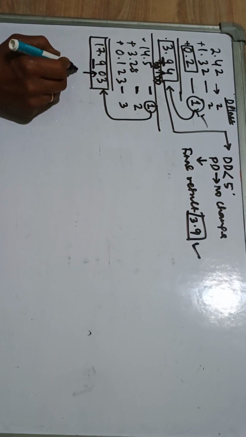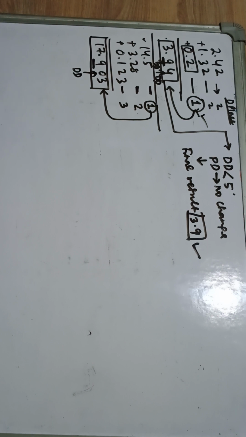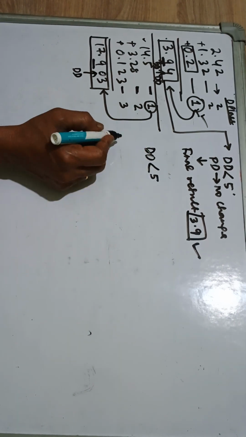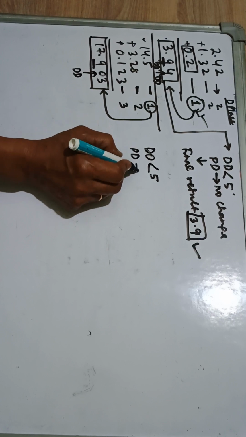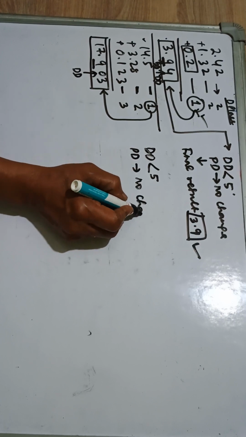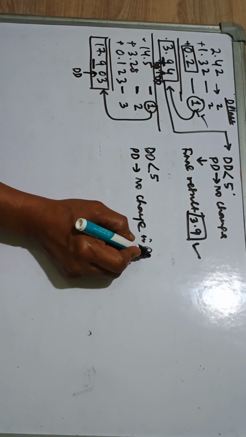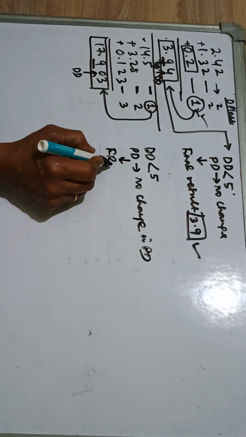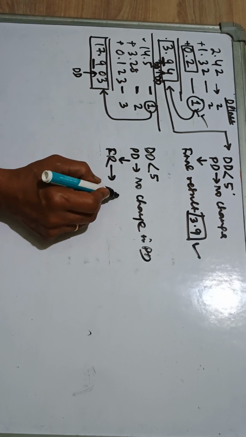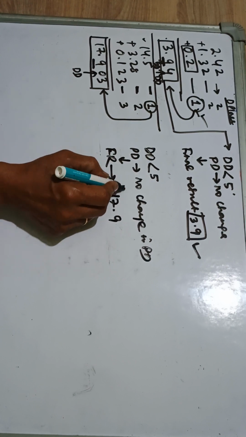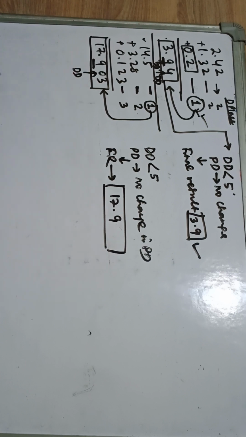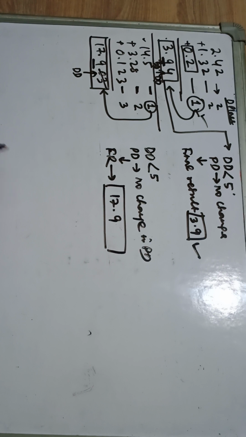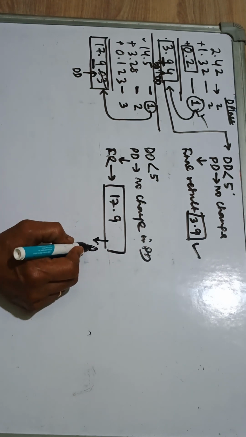Here the drop digit is 0. Again, once the drop digit is less than 5, there is no change in PD. Then we get the final result, 17.9, and after 9 those digits are dropped. This is the final answer.